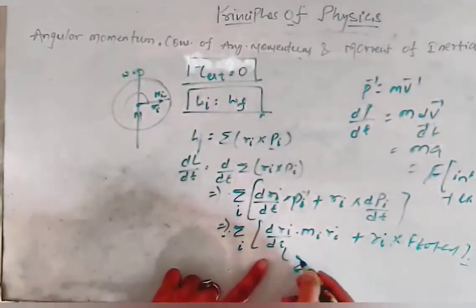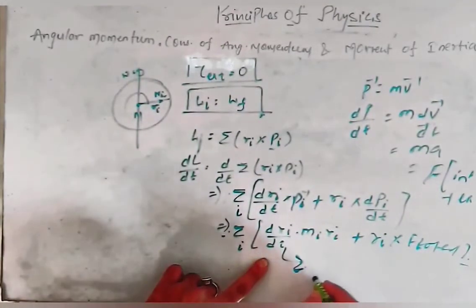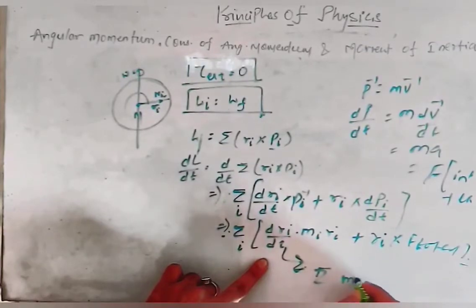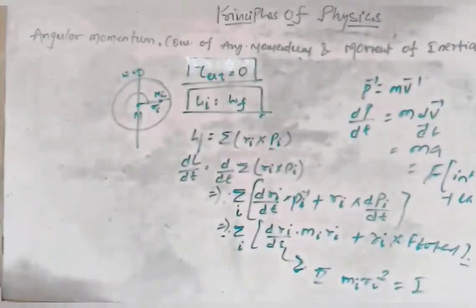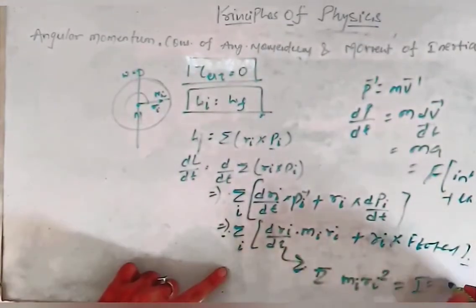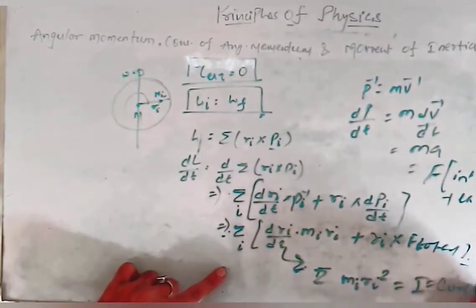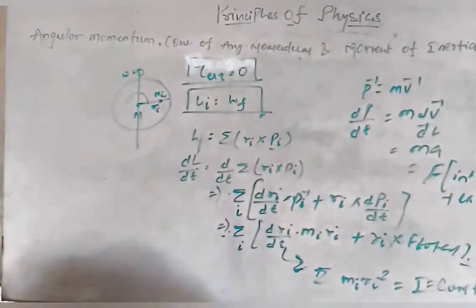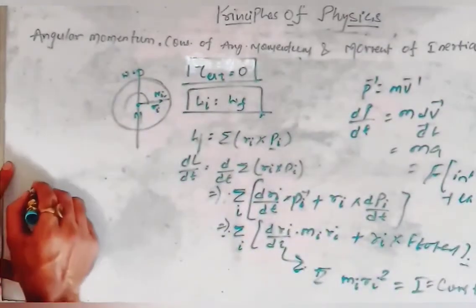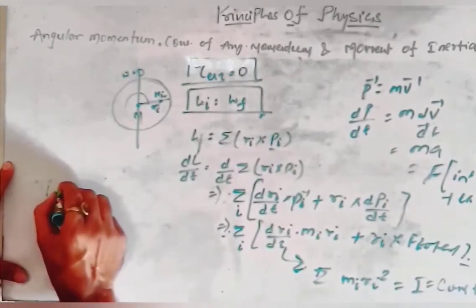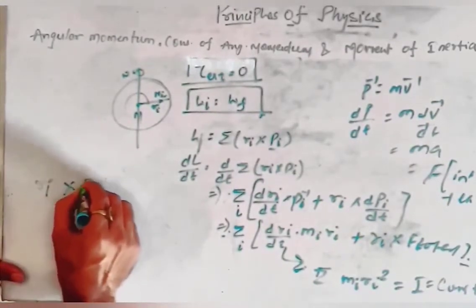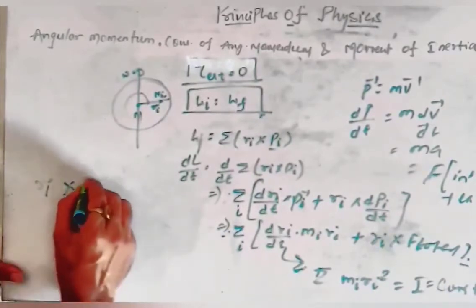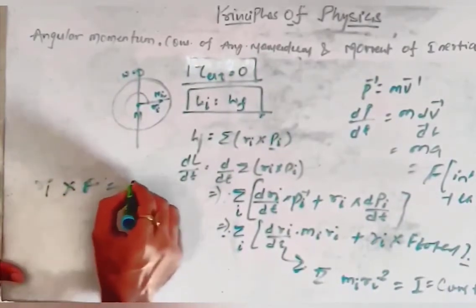And from the last term we know that the summation of mi ri square can be written as the moment of inertia, so it is always constant for any body. And we know that ri cross F is torque.